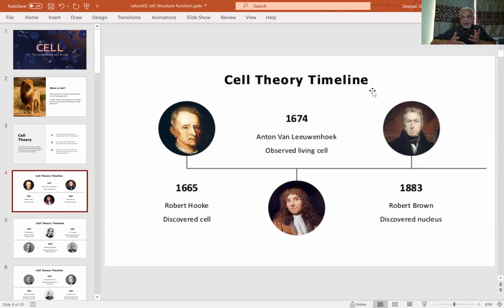Subsequently, Leeuwenhoek observed a living cell, and much later, Robert Brown discovered a nucleus inside a cell. So we are talking about a journey of 200 years just in discovering the cell, observing a living cell, and identifying the nucleus.